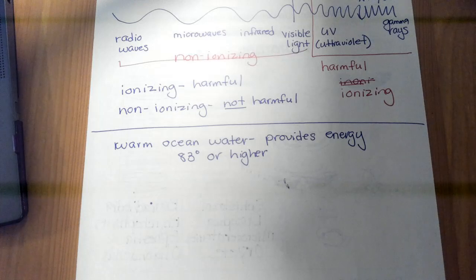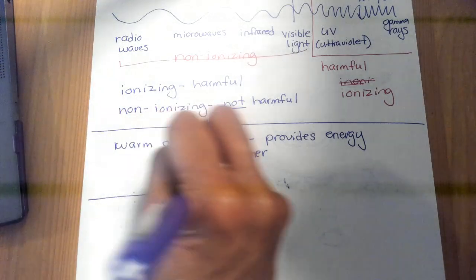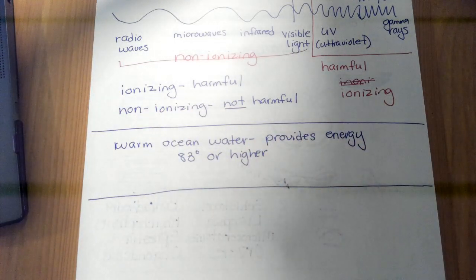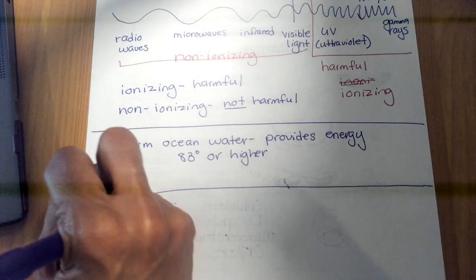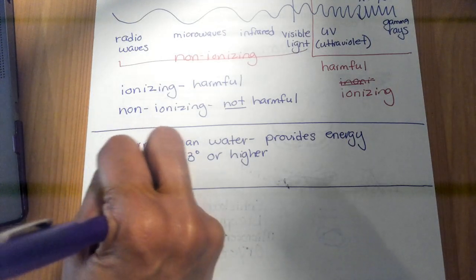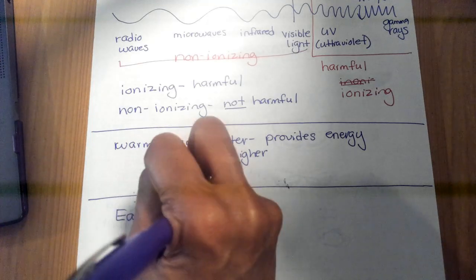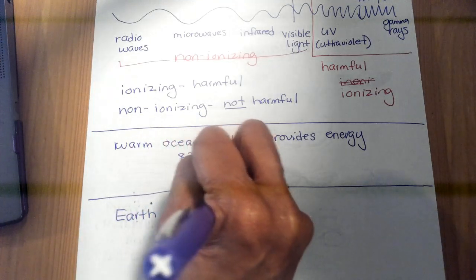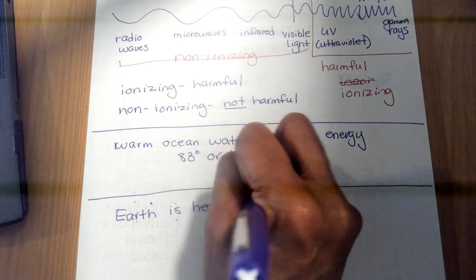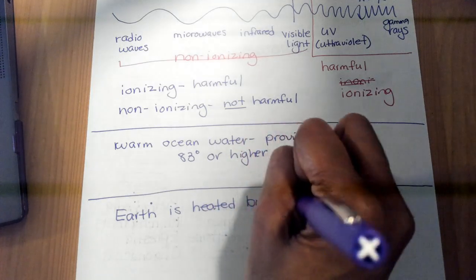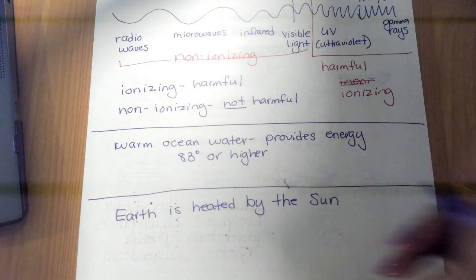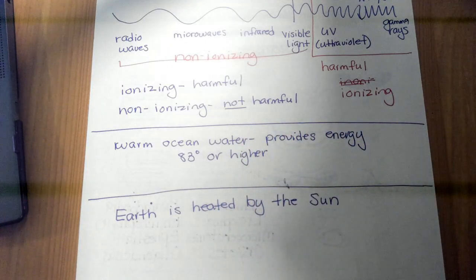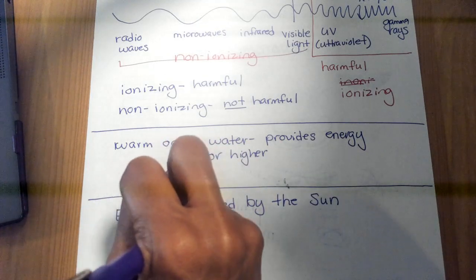Okay, and going along with weather and hurricanes, we talked about how Earth is heated. Okay, so we know that Earth is heated by the sun. Okay, and Earth is heated unevenly.